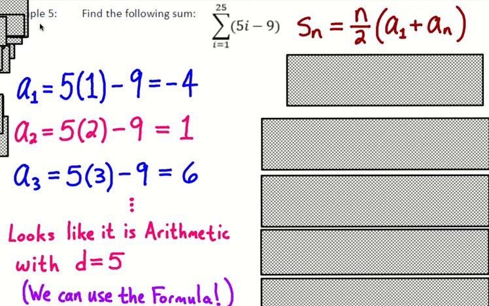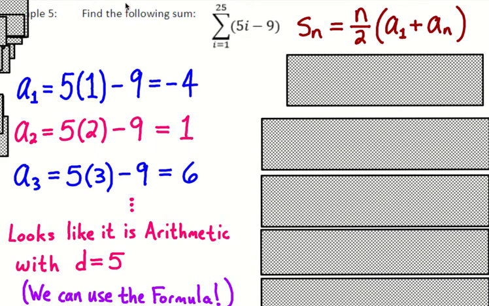And what that really means to us is that we can use the formula. And so we use the formula. Okay? And you can save yourself most of this work in the future by simply learning by experience that 5i minus 9 does represent an arithmetic sequence.